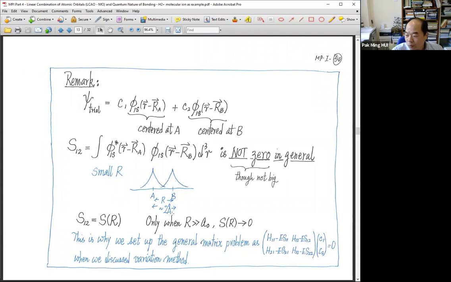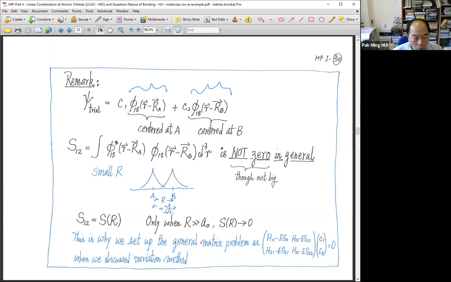And here is one remark that I made very early on when we did the variational calculation discussion. Look at this basis. They are centered at two centers.